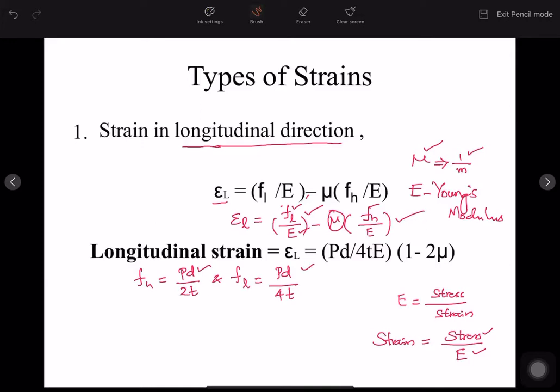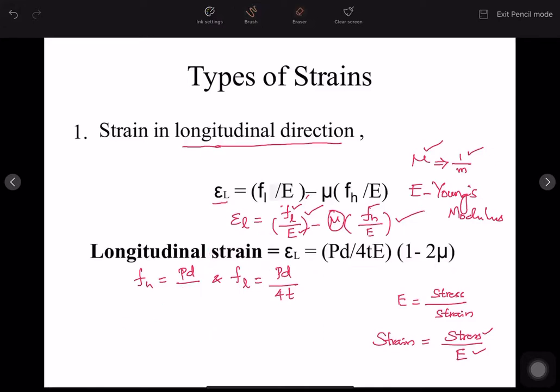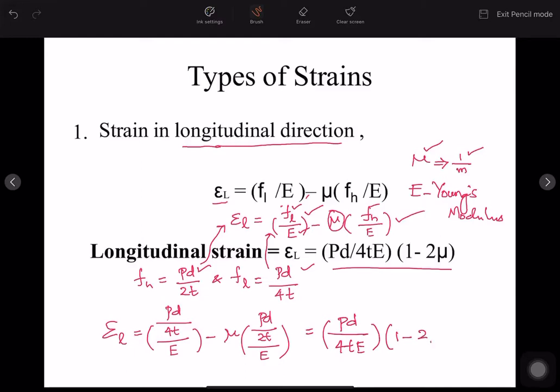If we substitute these values in this particular equation, we get epsilon L equals PD by 4T by E minus mu times PD by 2T by E. After solving the equation, ultimately we get the following equation: PD by 4 times TE multiplied by 1 minus 2 mu.